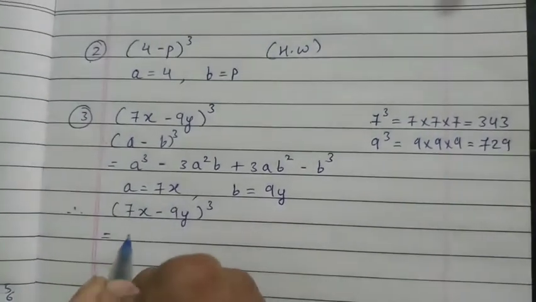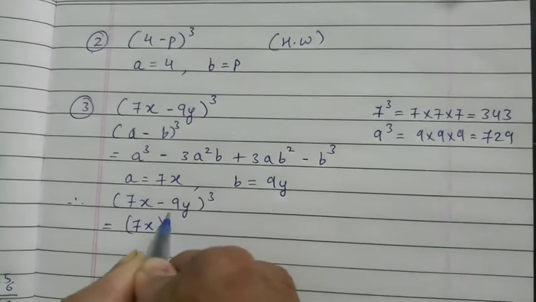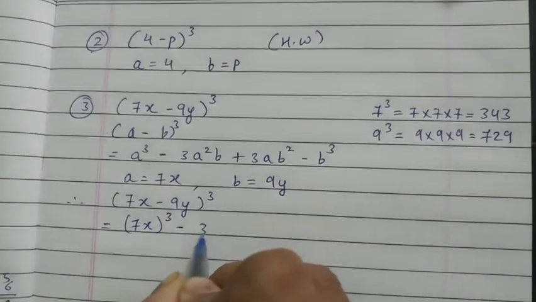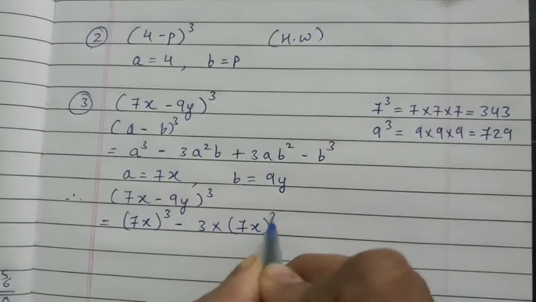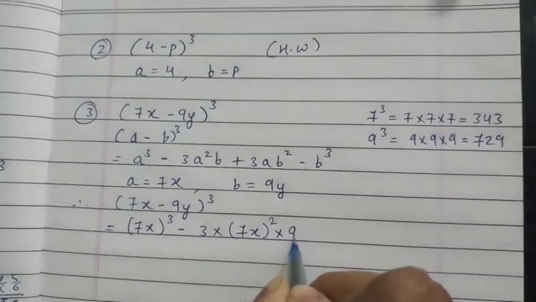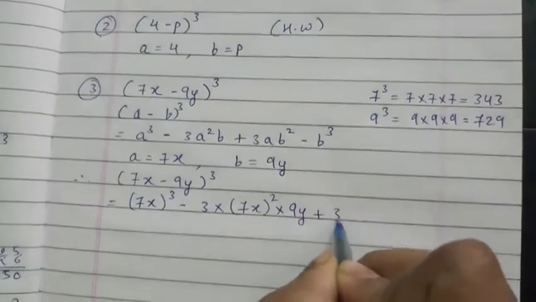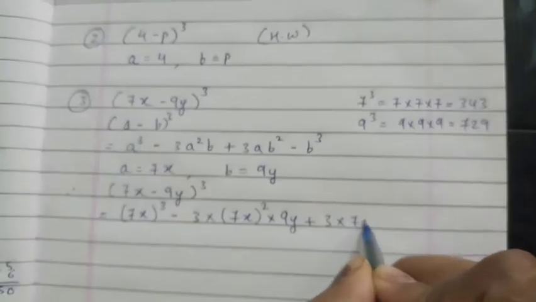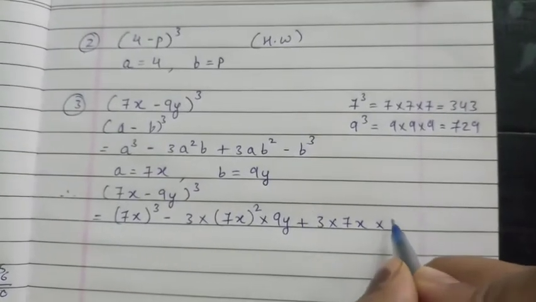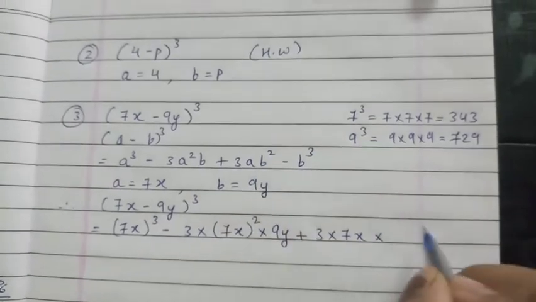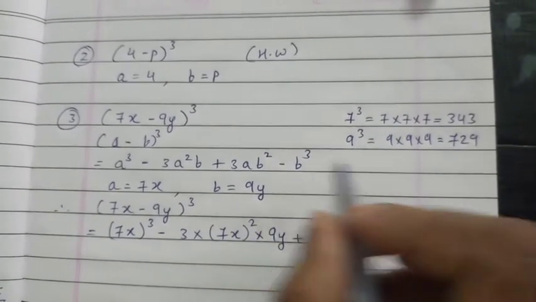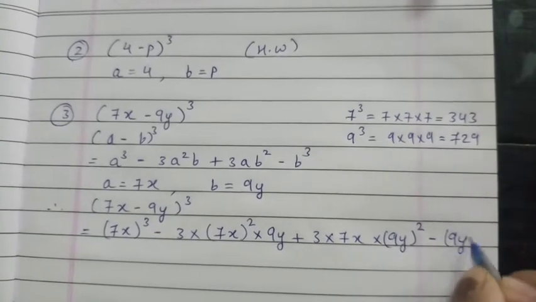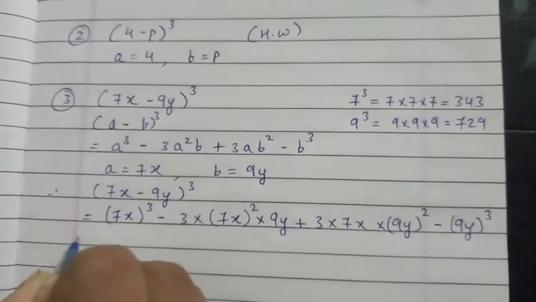a is 7x, so (7x) whole cube minus 3 into, again a is 7x, so (7x) square into b, which is 9y, plus 3 into a, which is 7x, into b, which is 9y, so we have b square, so (9y) square, minus b cube, that is (9y) whole cube. Now solve it.